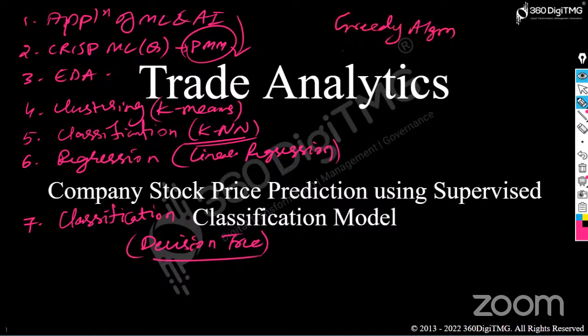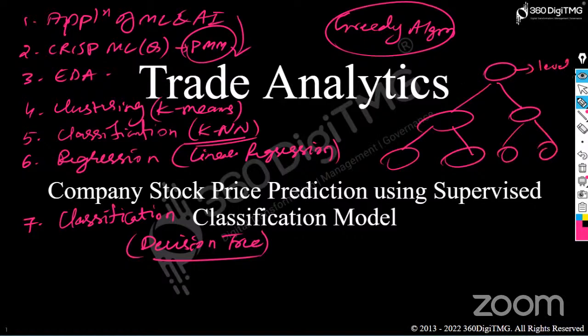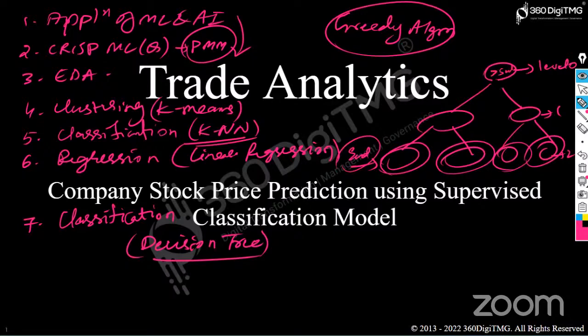So here the decision tree is based on a greedy algorithm. You'll have a root node, branch nodes, and leaf nodes, and different levels. So this is level 0, this is level 1, and this is level 2. Once you reach the leaf node, that is the end of the trace. Let's say for example, an employee with a salary greater than 50,000. Yes means left side, no means towards the right side.